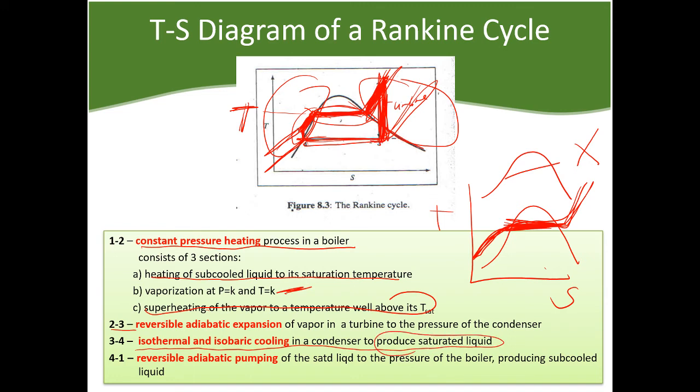So, ito yon yung condenser. Next is reversible adiabatic pumping of the saturated liquid to produce a subcooled liquid. So, ito yon yung maliit na part na yan. So, ang shape niyan nung ating cycle ay from yung Carnot na square, naging ganyan na yung shape.